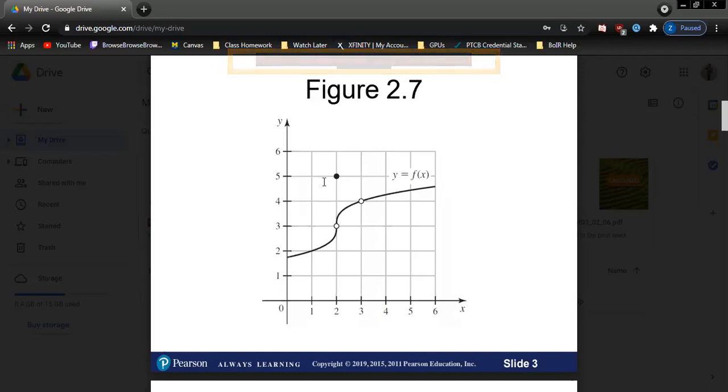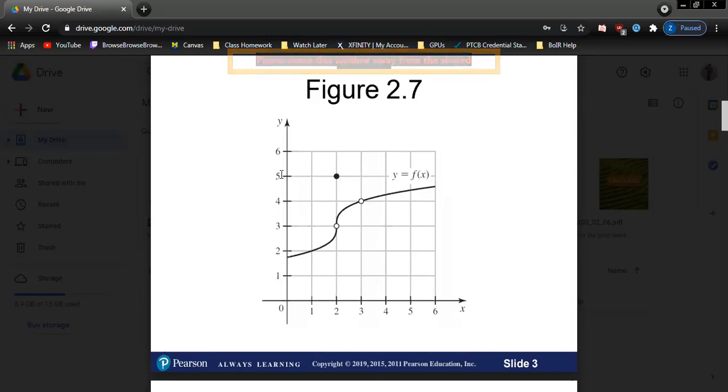Okay. So for different parts of the domain, as you can see for this graph, although there is a hole at x equals 2 and x equals 3, we actually have a different value at x equals 2. And can you see what could be the value? If you just go straight to the y-axis, as my cursor is moving, you can see this value is actually 5.